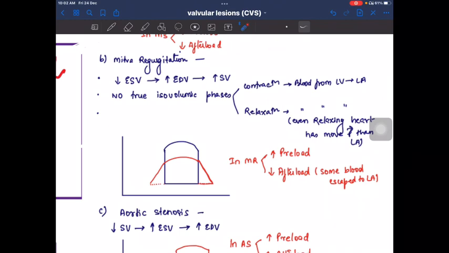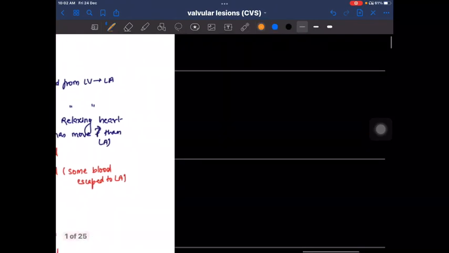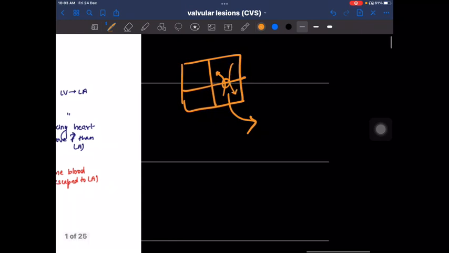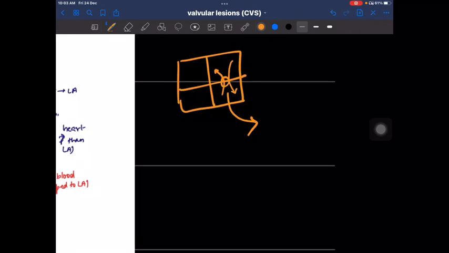Okay, because some blood, just let me show this here. This is your ventricle, right? And this is your aorta. So when systole occurs, some blood leaves in the aorta, but some blood goes back in the atrium. Now when the next cycle starts, the ventricle will receive its normal quota of volume that it receives in diastole.